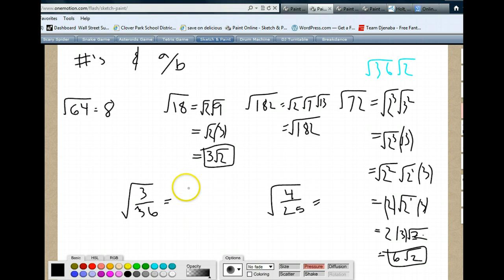So let's apply this if 3 did not go into 36 evenly. So like I said earlier, you need to do 2 square root problems in one. So square root 3 and square root 36.